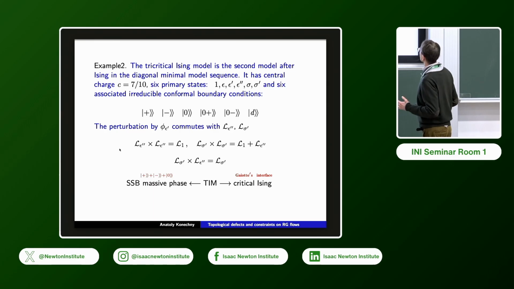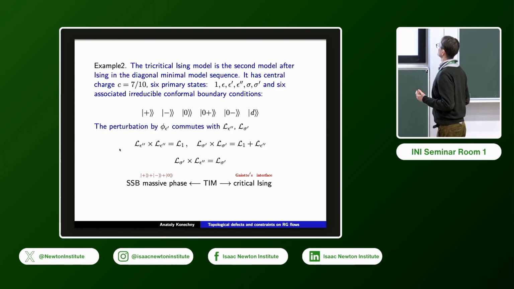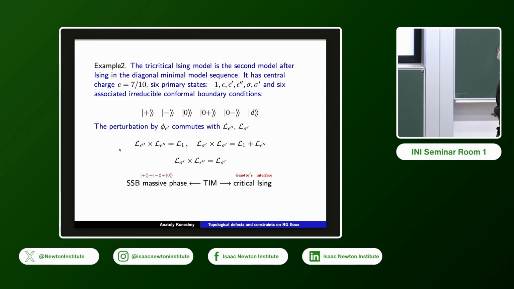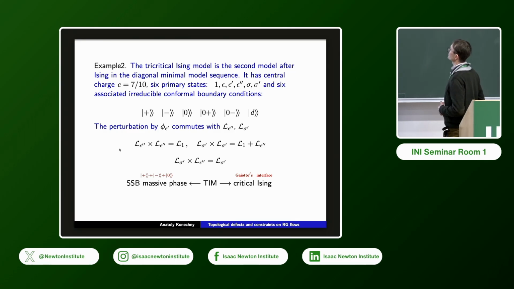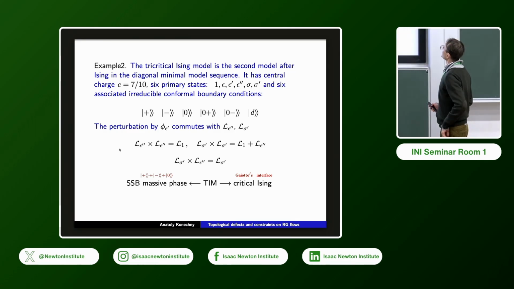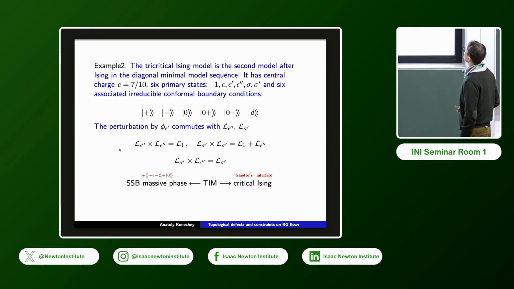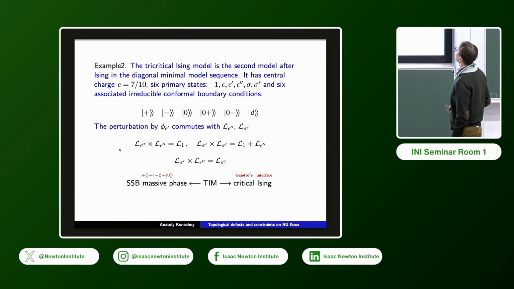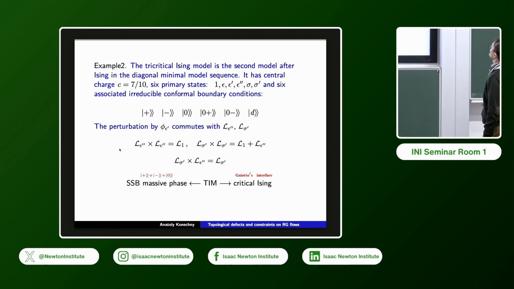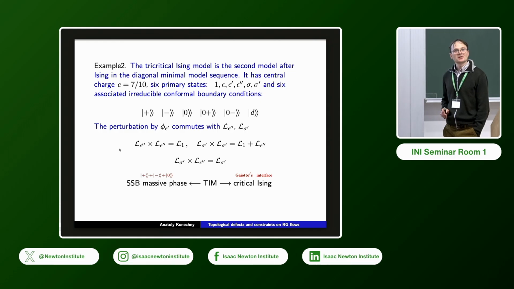What can also happen is that you can have a massless flow, and you can flow to a non-trivial CFT. This is described in my second example, which is the tricritical Ising model. I think it already appeared in Yifan Wang's talk yesterday.